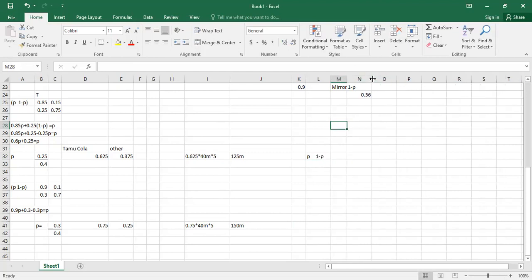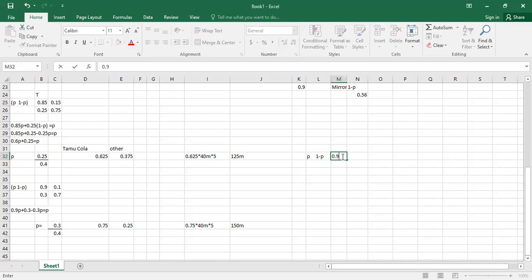Now we open the question. For computer A it is 0.95, 0.05, 0.95, 0.05. Then for computer B, 0.9, 0.1, 0.1.